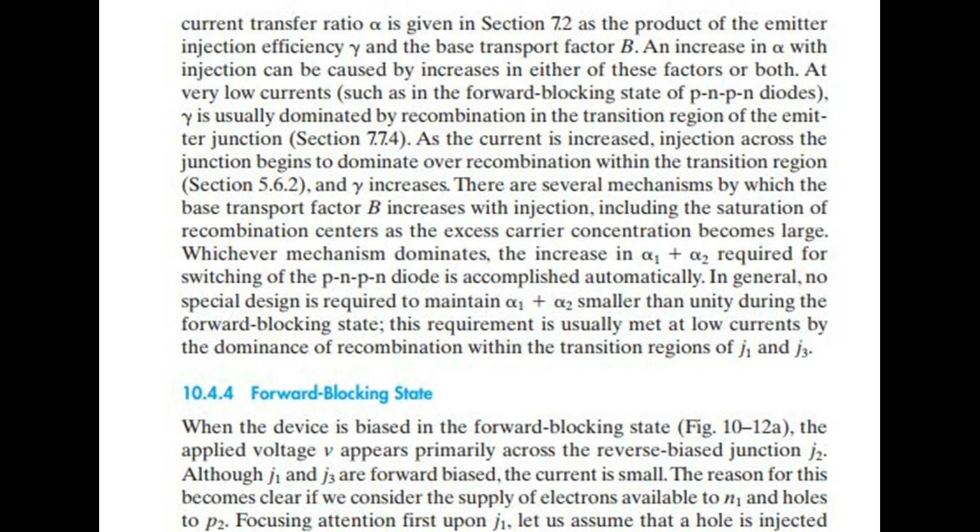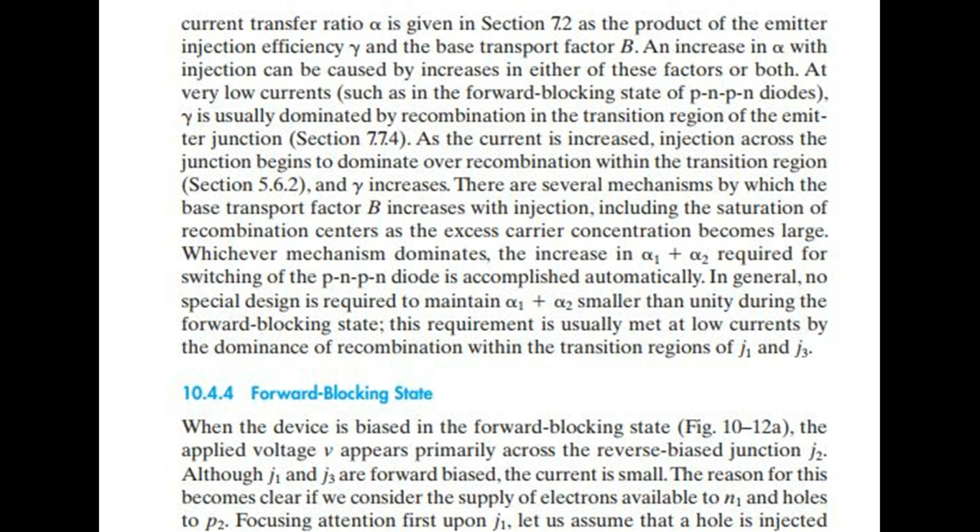This requirement is usually met at low currents by the dominance of recombination within the transition regions of J1 and J3. Forward blocking state. When the device is biased in the forward blocking state, Fig 10.12a, the applied voltage V appears primarily across the reverse biased junction J2. Although J1 and J3 are forward biased, the current is small. The reason for this becomes clear if we consider the supply of electrons available to N1 and holes to P2.